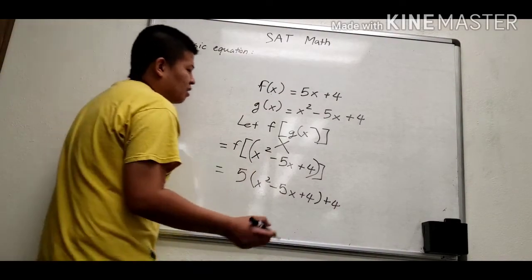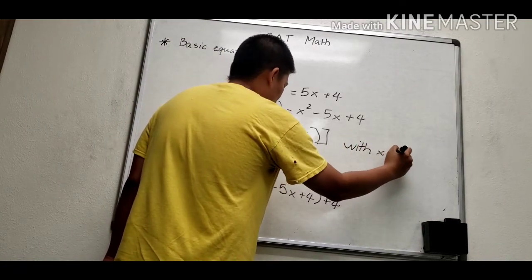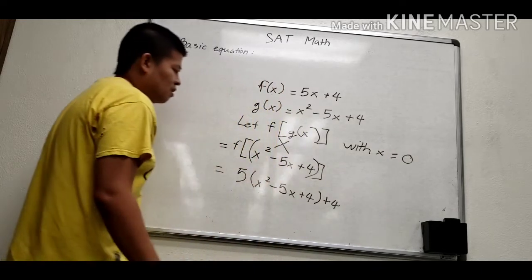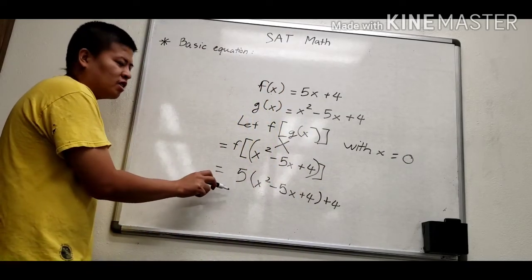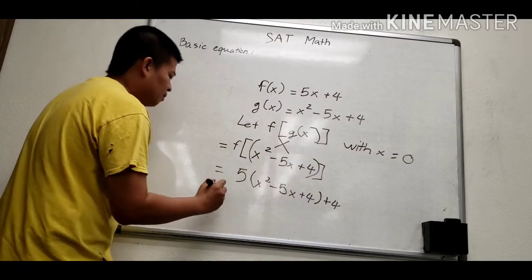If the question they ask is with s equal to 0, so after we do the second step, you put s equals 0 in this function.